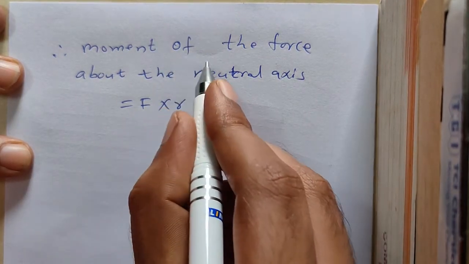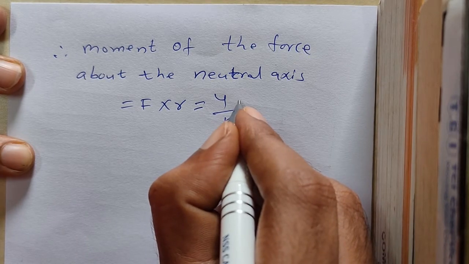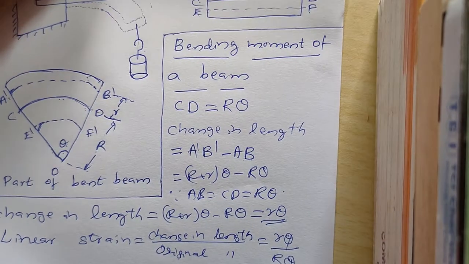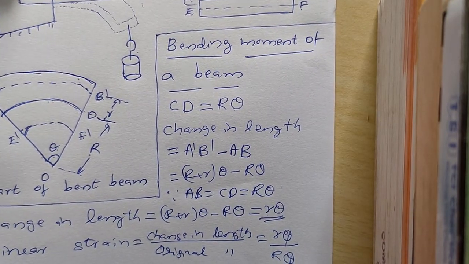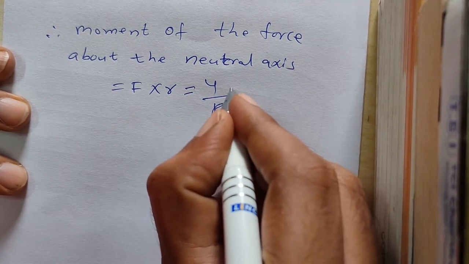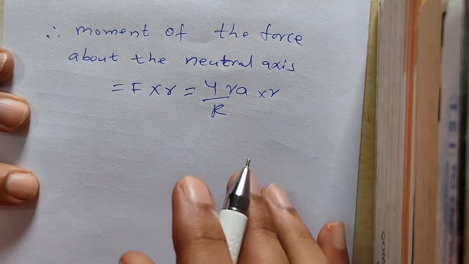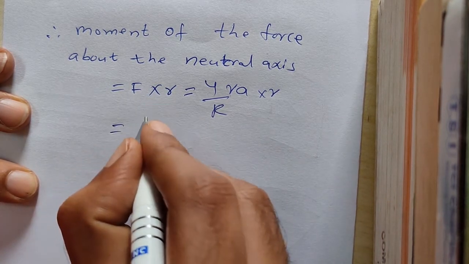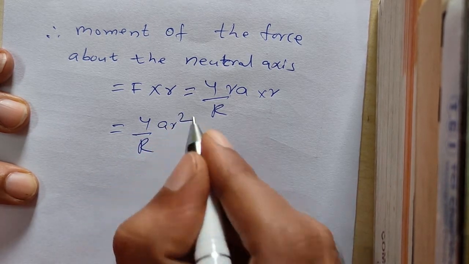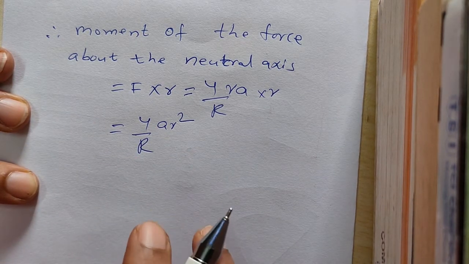If you substitute the value of force, Y by R into rA, it's equal to Y by R into rA into r, so that's equal to Y by R into A r square. So this is the moment of the force about the neutral axis.